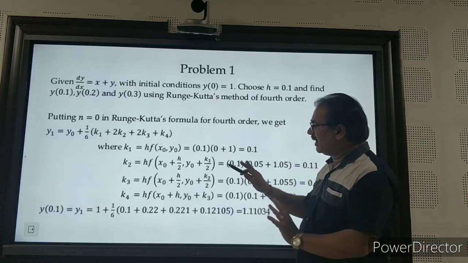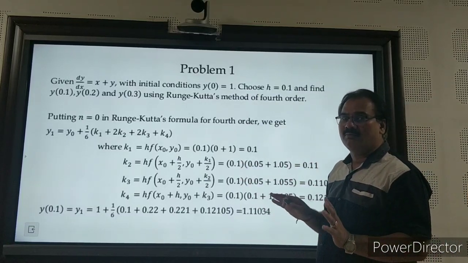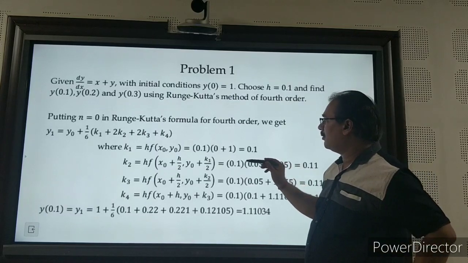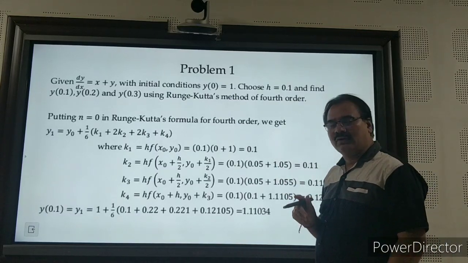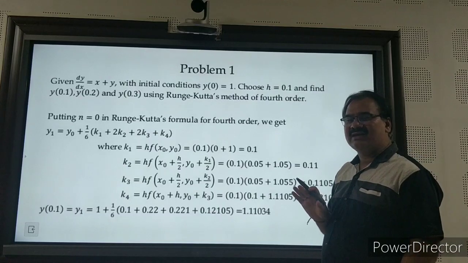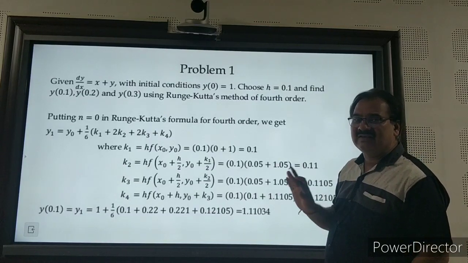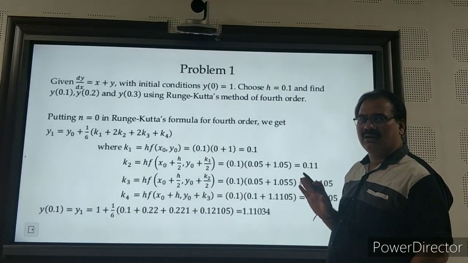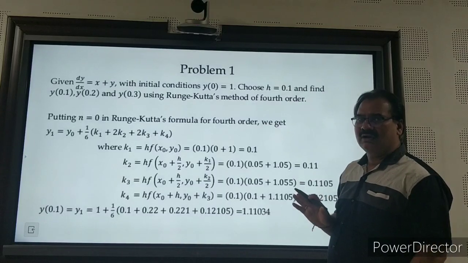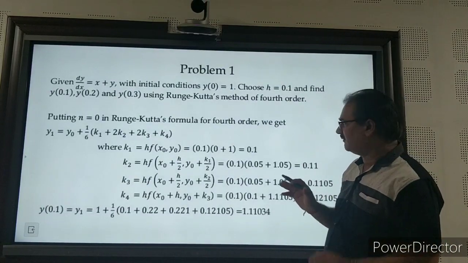Again, a lot of concentration is required for computation. Whenever you do the computation, try to concentrate yourself, because these are small, very easy calculations, but if you lose your concentration, then you may commit a mistake. So be careful.